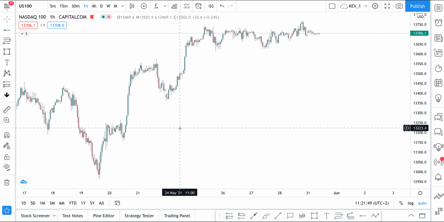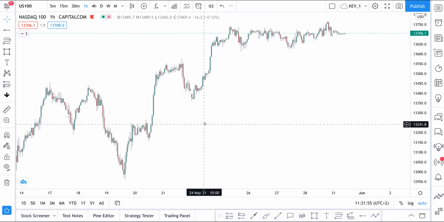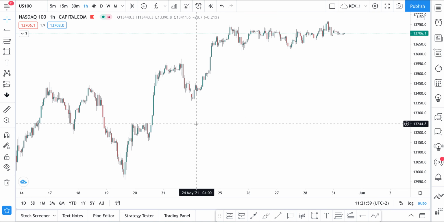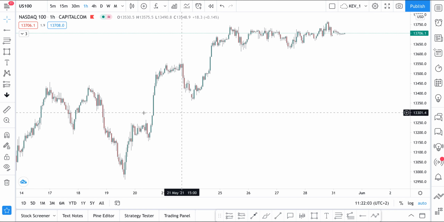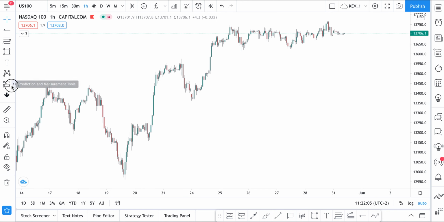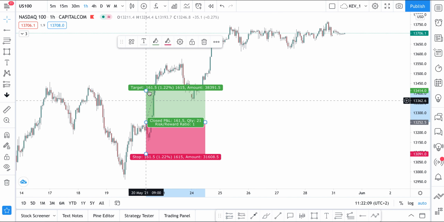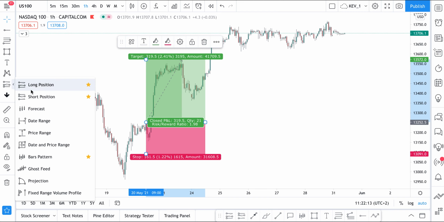I'll be doing more of these videos going forward. I will go deep into it so that everybody can understand. This is just a rough overview of how this thing works, but trust me, there is more to this. There's using the Fibonacci, there's how to do your long position entries, there's how to do your short position entries.